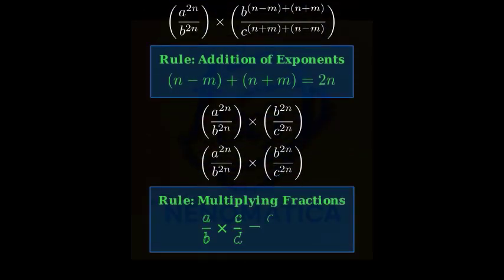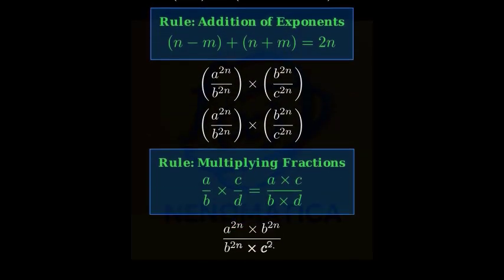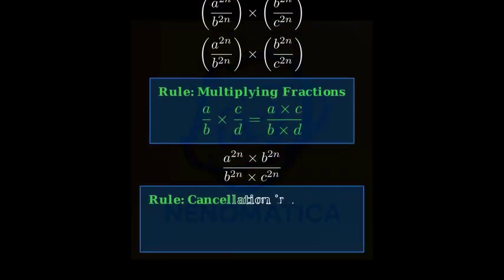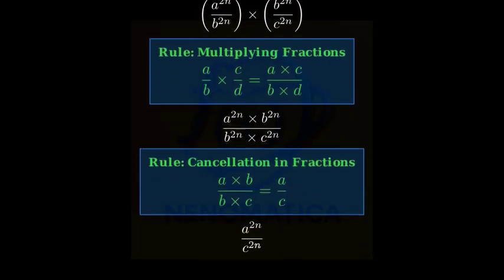Now, let's multiply these two fractions. When we multiply fractions, we multiply the numerators and multiply the denominators. We can simplify this expression further. Notice that we have b to the power of 2n in both the numerator and denominator, so these cancel out. This gives us a to the power of 2n divided by c to the power of 2n.